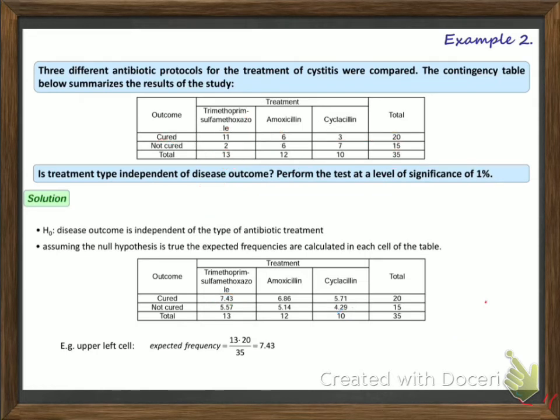Just keep in mind, if this is A1 and this is B1, B2, A2, A3, this is not NA1; this cell is A1, B1.